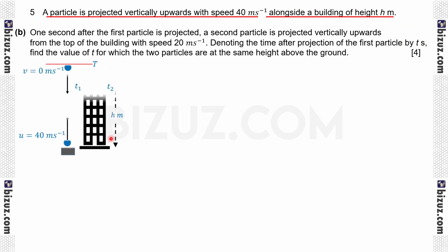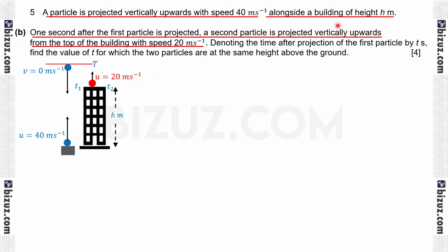So previously we had this diagram when one particle was projected. So after this particle has been projected, 1 second after the first particle is projected, a second particle is projected vertically upwards from the top of the building with a speed of 20 meters per second.